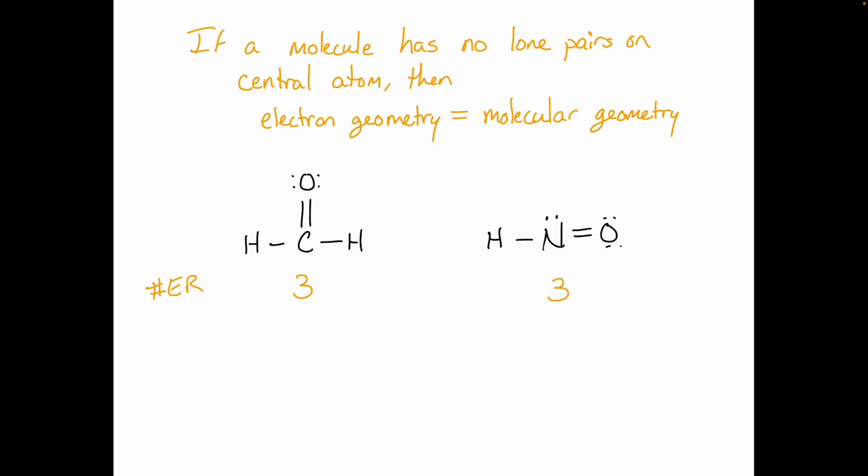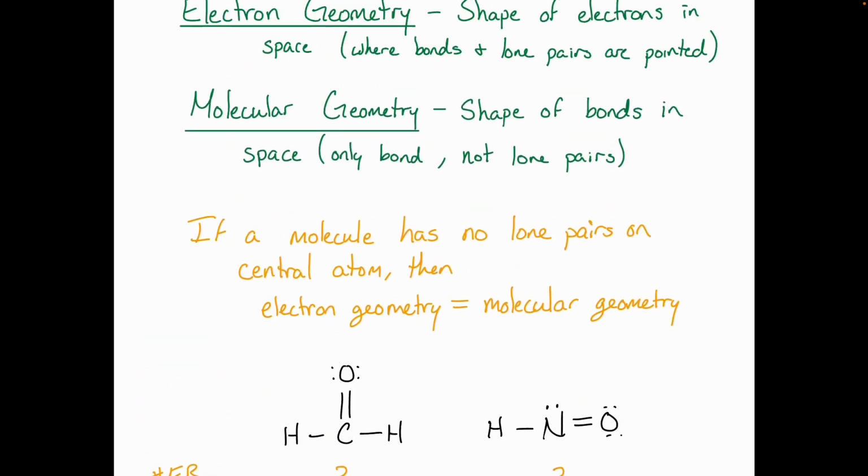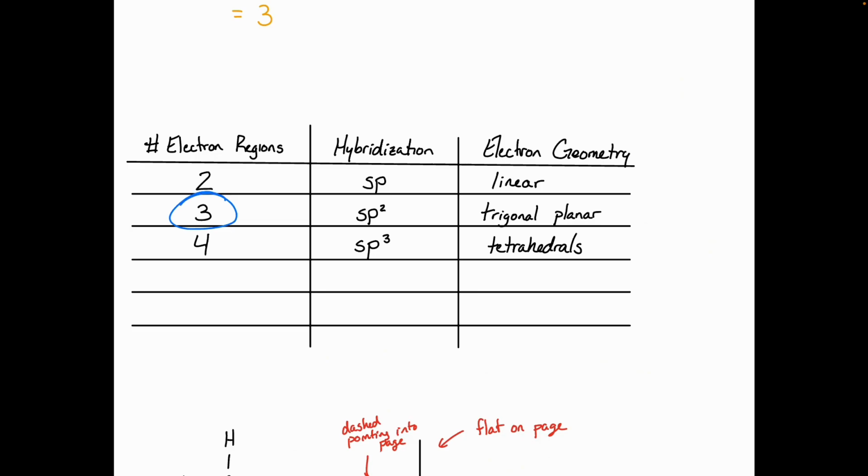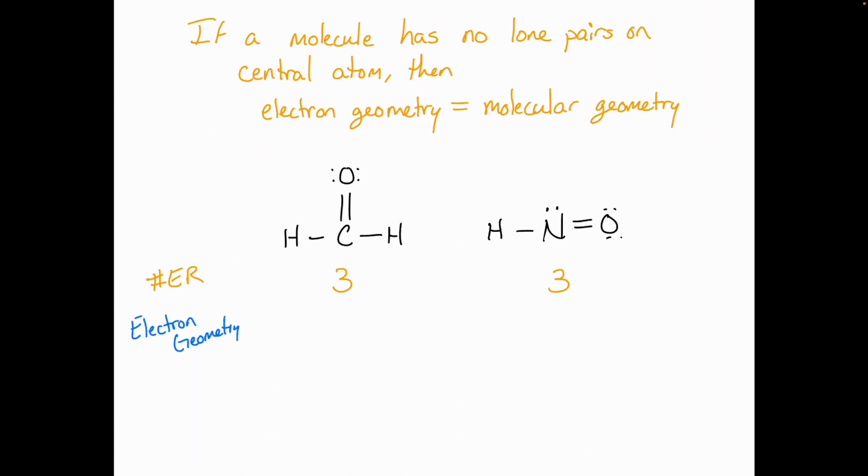Right? If we count the number of bonds of any order and the number of lone pairs, we would find that both of these molecules have, I'm sorry, number of electron regions equal to 3. And that would correspond to an electron geometry of what? Trigonal planar, right? Our number of electron regions will uniquely correspond to an electron geometry. So these are both trigonal planar.